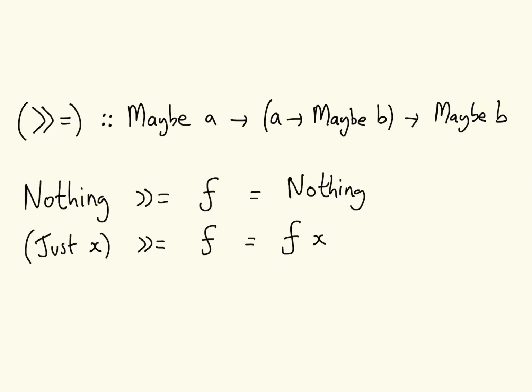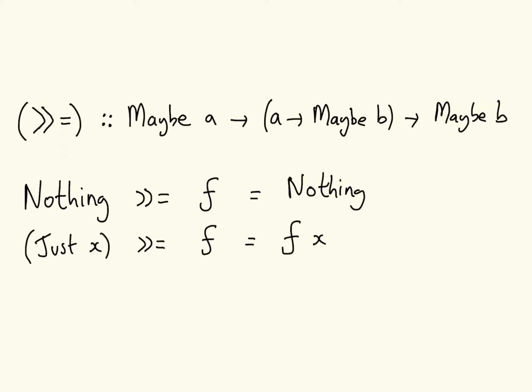So just to begin with our recap of last time around, here is the definition of the bind operator for the maybe type. And what the bind operator is doing here, which is this funny infix symbol, is capturing a form of sequencing for computations that may fail. And you can see that in its type.